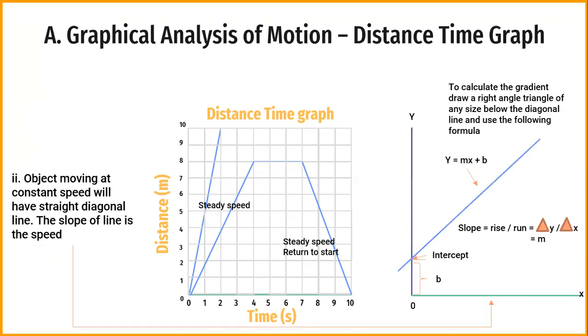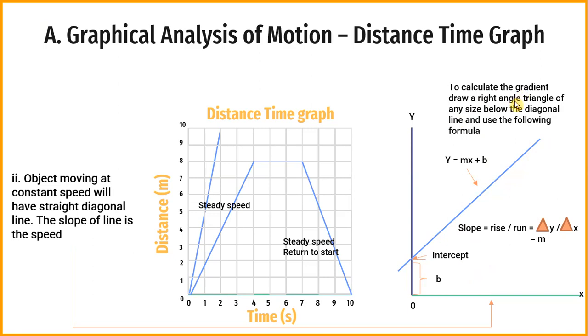Graphical analysis of motion, distance versus time: an object moving at constant speed will have a straight diagonal line, and the slope of the line is the speed. How to calculate the slope?